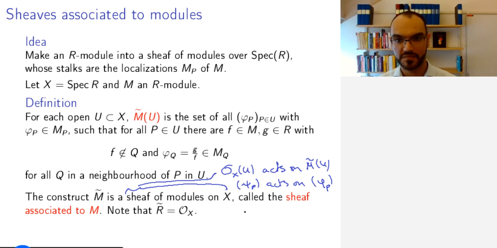An element psi_p is of the form r divided by s, because the structure sheaf was exactly defined in this way. So locally around each point, an element of this sheaf is of the form quotient of something in R by something outside the prime ideal, and it acts on g/f by rg divided by sf.